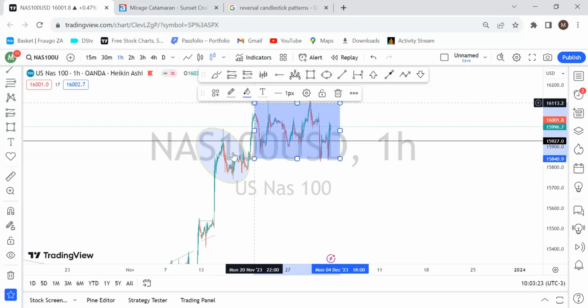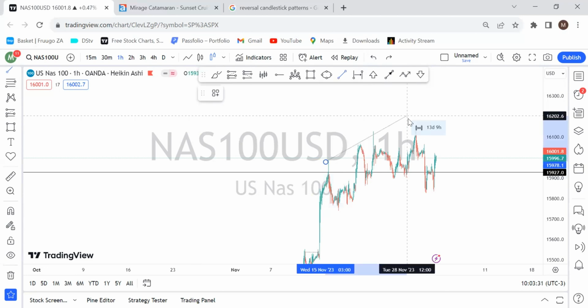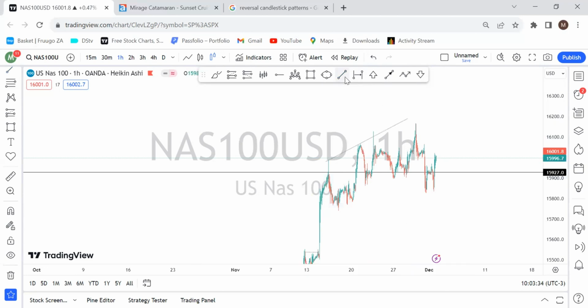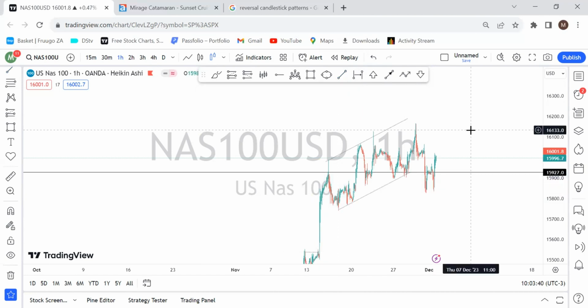If you just try to combine these 2 movements, what you have is just the price giving you an ascending structure.